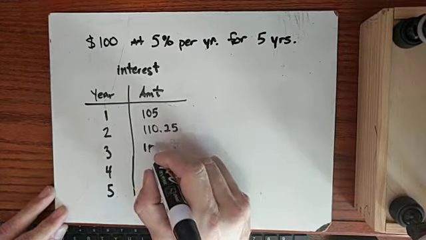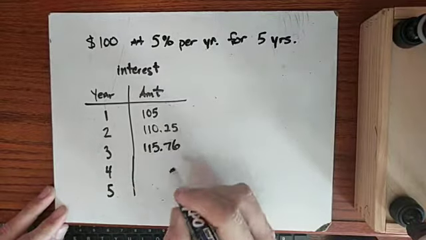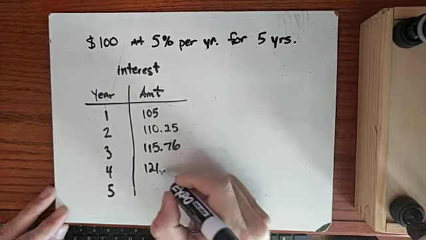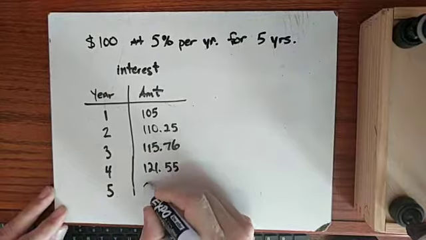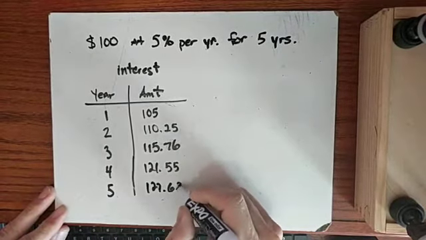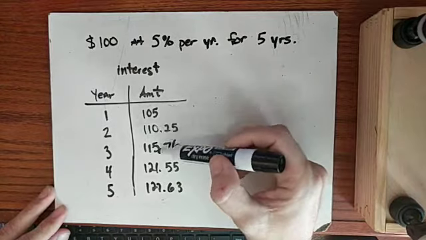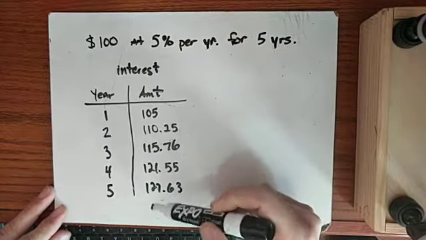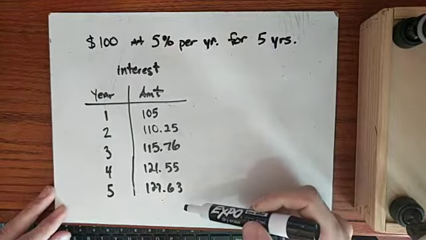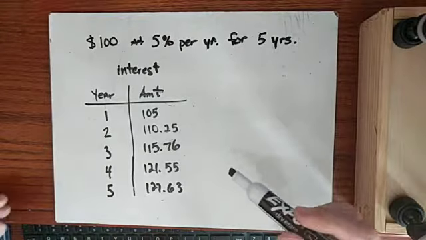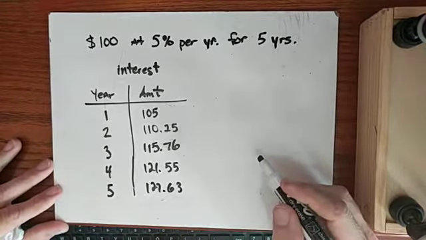And then the next year you have $115.76, and then $121.55, and then $127.63. So you can see you're getting a little bit more money, because before it was $110, $115, $120, and $125. So we've earned an additional $2.63 because of how the interest was calculated.